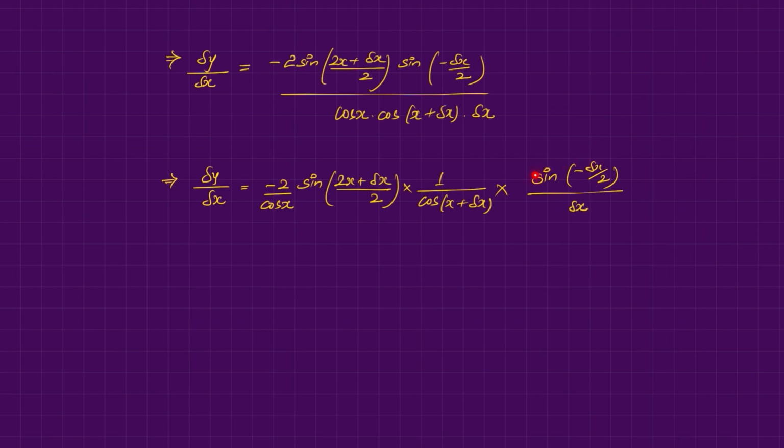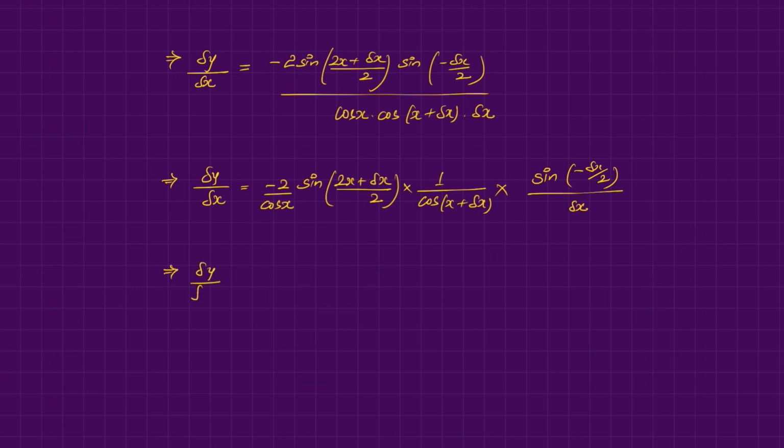In numerator if you see sine of minus delta x by 2, so sine of minus theta is minus sine theta, so it will be minus of sine delta x by 2, and that minus let me write in front, and that minus will multiply with this minus and it will get plus.